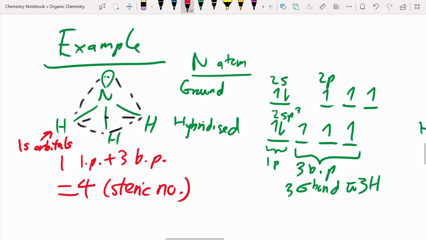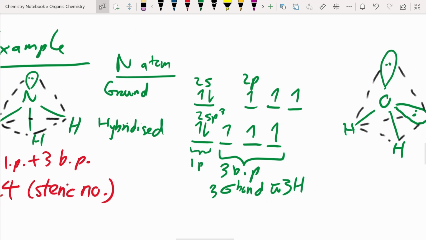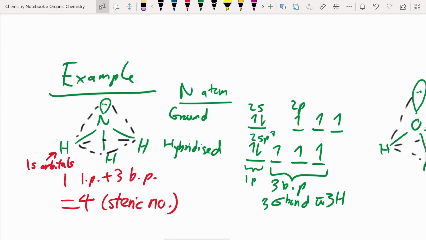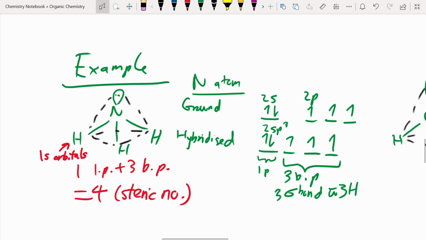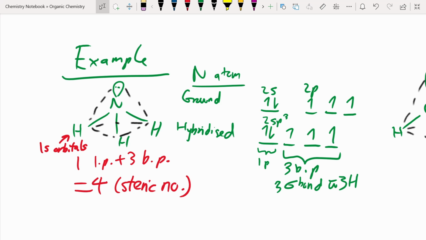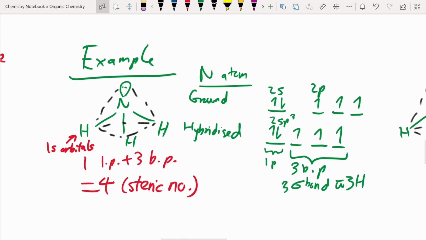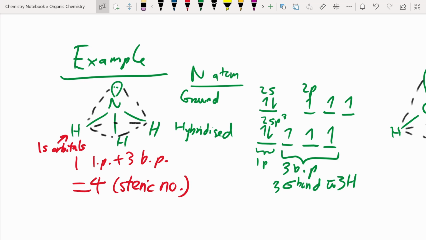Okay. If you're taking a look at the nitrogen atom, for instance, the ground state of nitrogen is as shown here, and for the hybridized state we are going to mix all 4 orbitals. We mix one 2s orbital and 3 2p orbitals, because as we discussed, we want to form sp3.